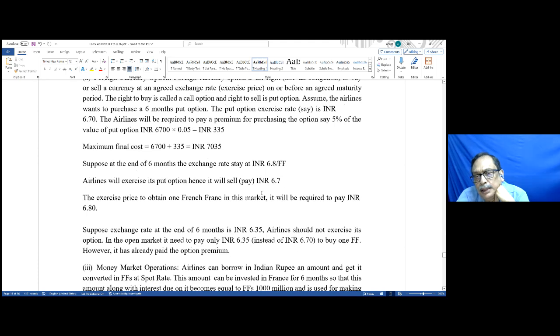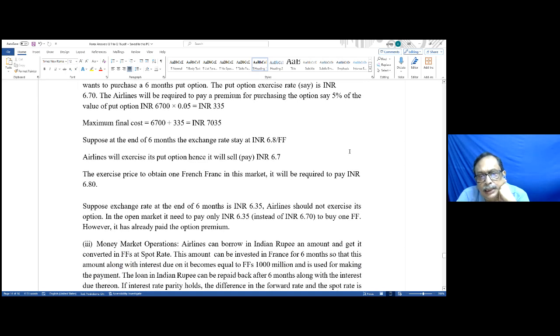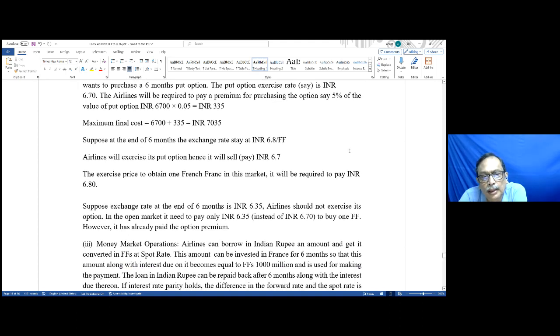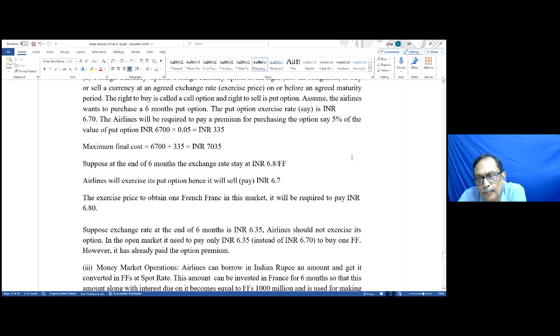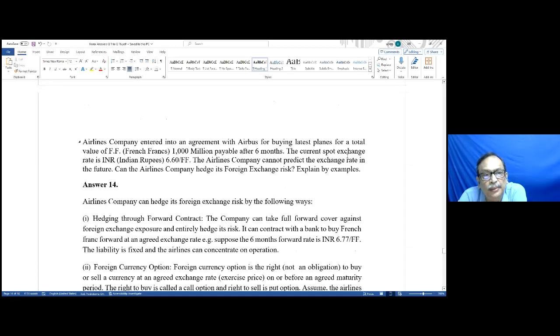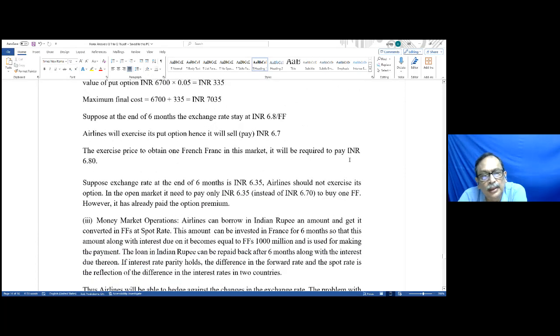Suppose at the end of 6 months, the exchange rate is INR 6.88/FF, airlines will exercise its put option and hence it will pay INR 6.70, the exercise price, to obtain 1 FF. In this market, it will be required to pay INR 6.80. We are assuming, okay?